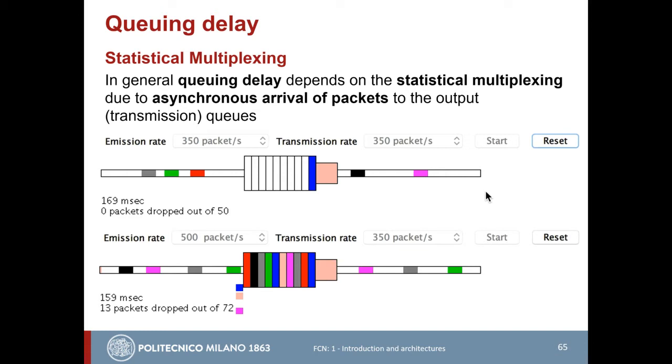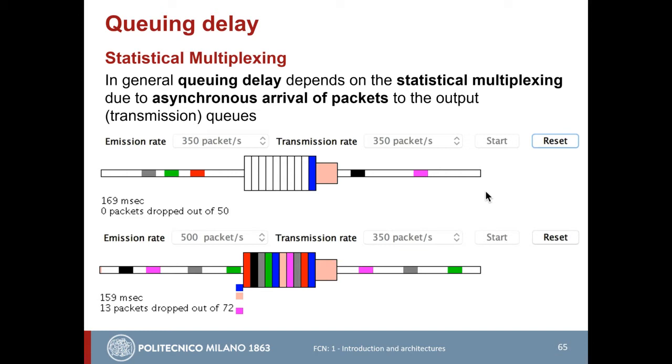When you have a queue, you are also able to withstand a temporary increase of the arrival rate. So if on a limited time interval the arrival rate increases a lot, it may also increase above the emission rate, then this queue will get full.